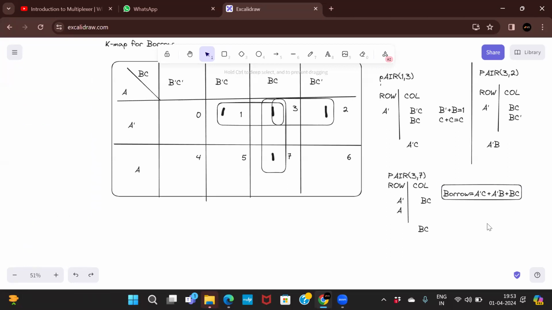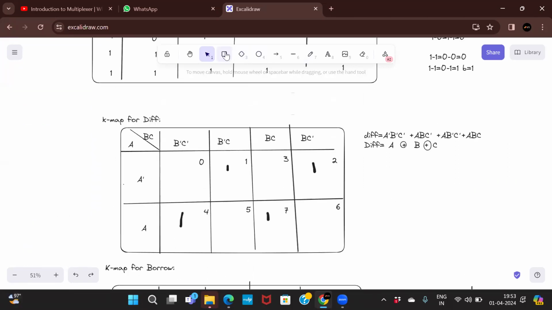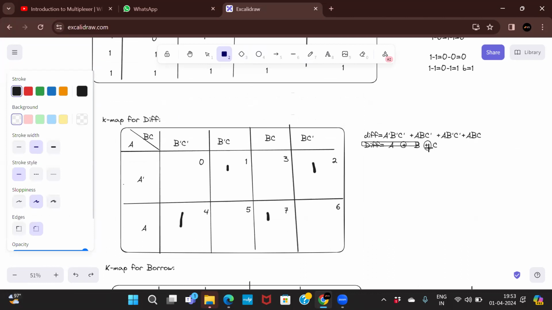So this is the expression we got for borrow, and here is the other expression.